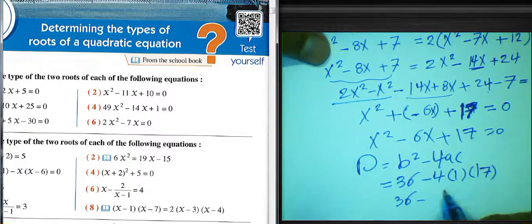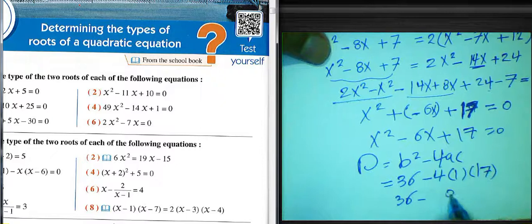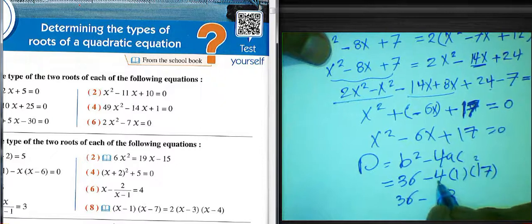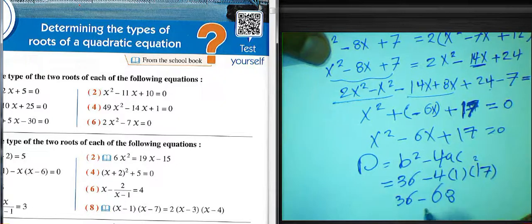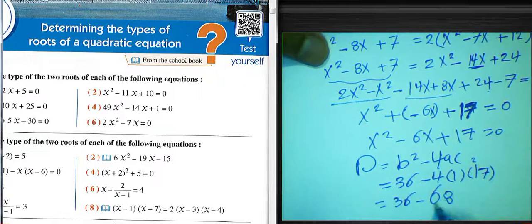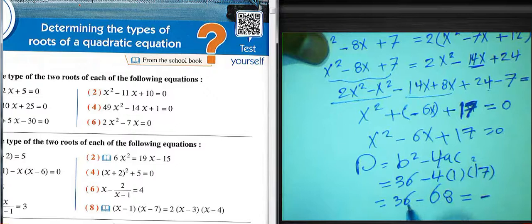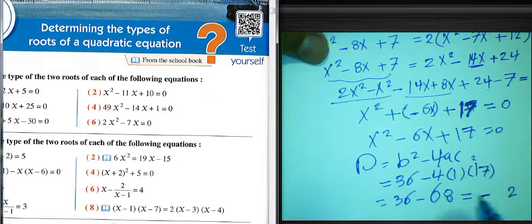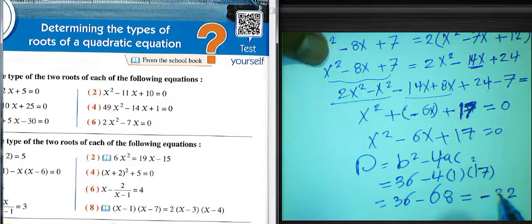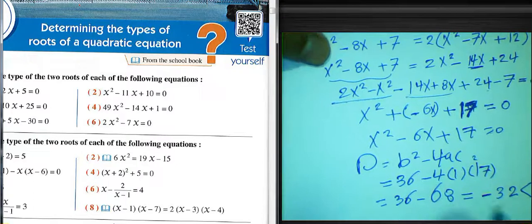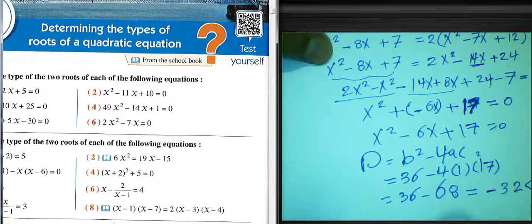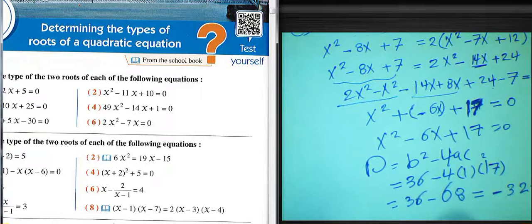The result will be negative. So we have two complex, non-real roots.